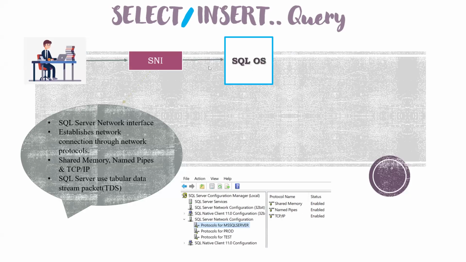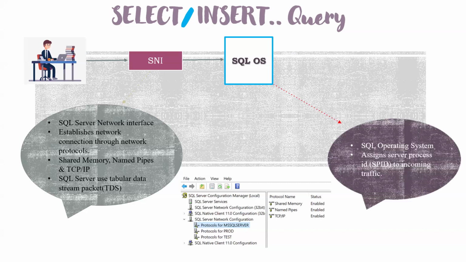Now your connection will need to get some resources. On top of the entire database engine, there is one layer called the SQL OS layer, the SQL operating system. Like an operating system, SQL also contains one operating system that we technically call SQL OS. Now SQL OS will generate one SPID, nothing but the session process ID.